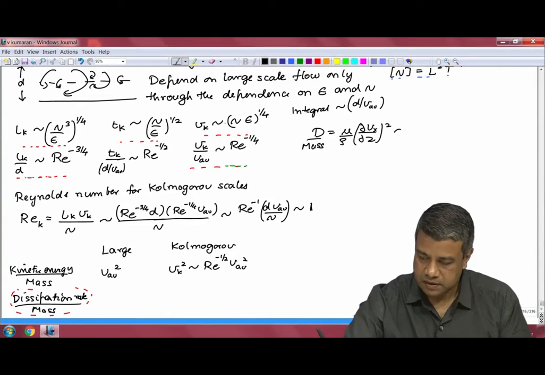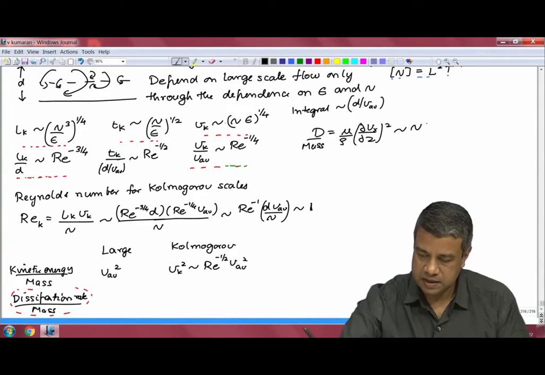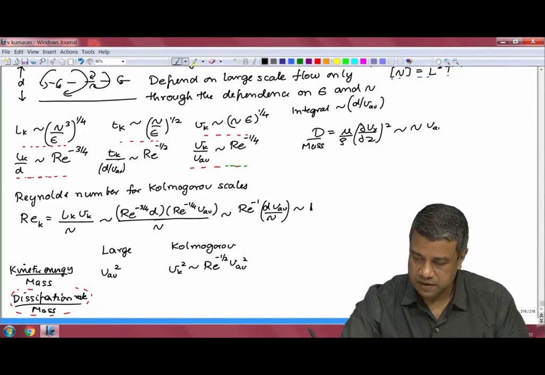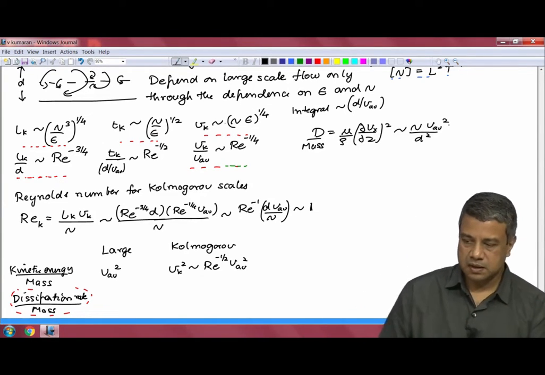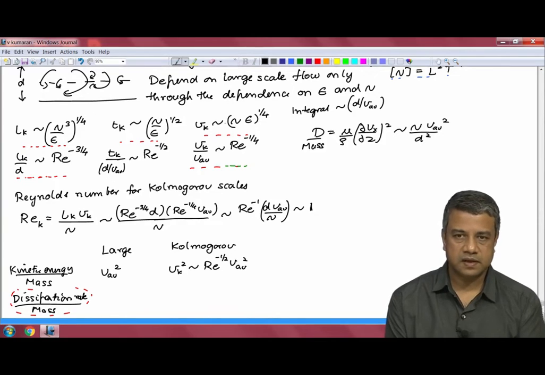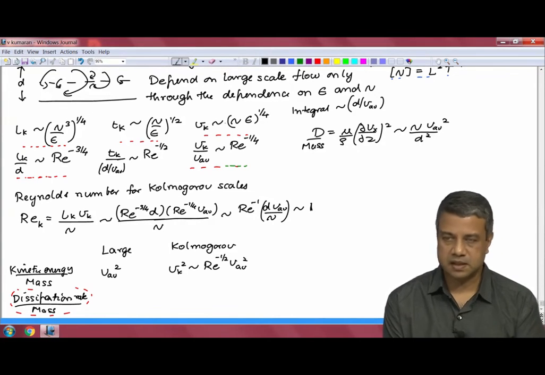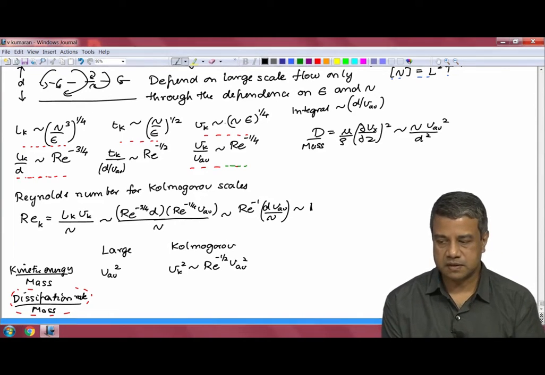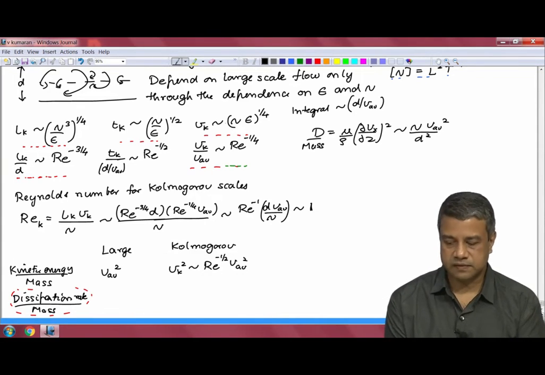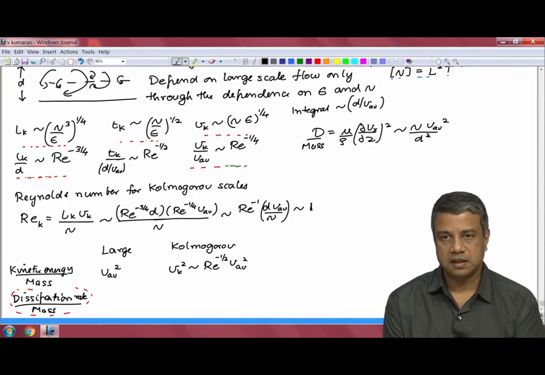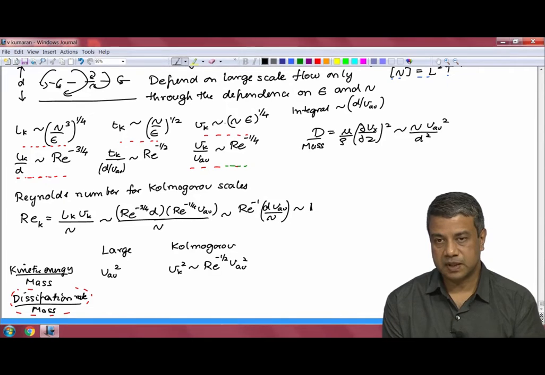So, therefore, this for the large scale flow will scale as nu times V average square by D square. The velocity gradient dVx by dz will have dimensions of velocity square by length square. In this case, the velocity scale is the average velocity, the length scale is the pipe diameter.